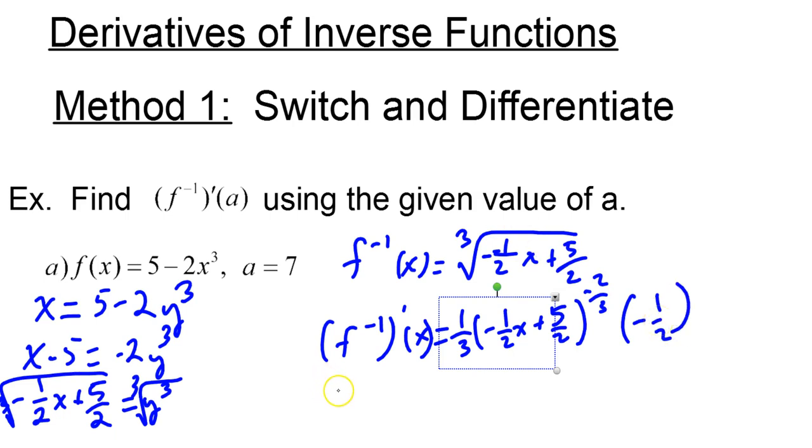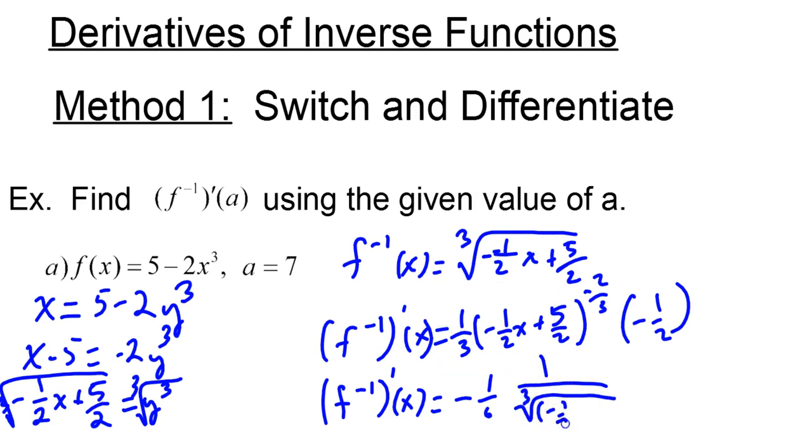Cleaning this up, I would get the derivative of my inverse is -1/6 times 1 over the cube root of -1/2 x plus 5/2, and then squared.